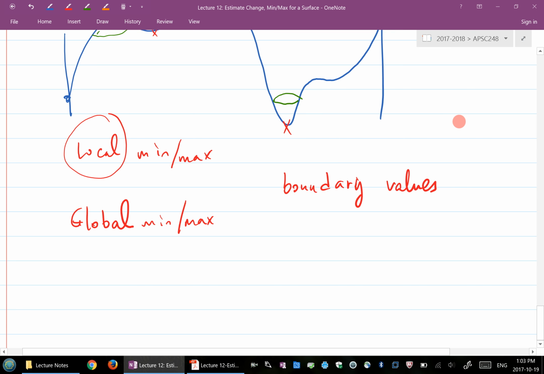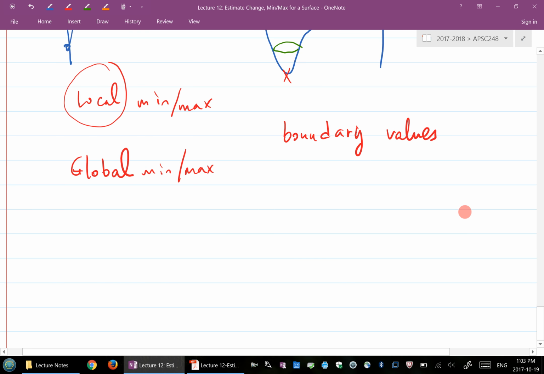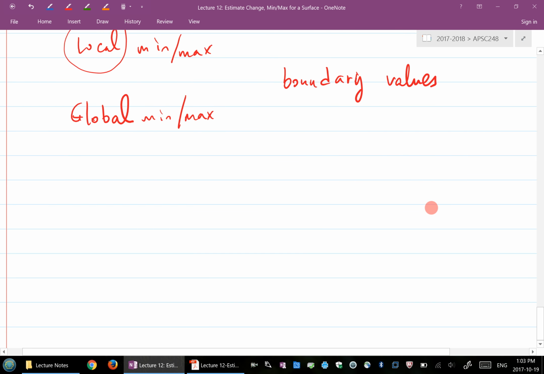Now, if you remember when you learned functions of a single variable, what do you do first, given a function of a single variable, in order to get a minimum or maximum? Derivative. Yeah, you take a derivative and then set it to 0.